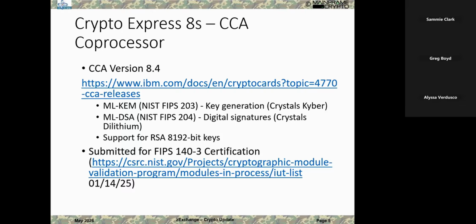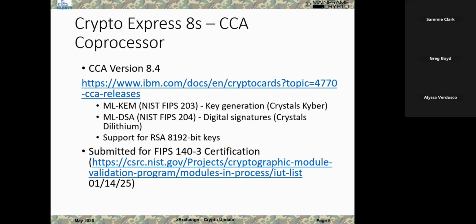Turning to the Crypto Express cards, the Crypto Express cards are an additional feature that you have to order separately. If you want them, you have to order them. The Crypto Express cards have been around for years. What's very different on the Z17 is it is using the same Crypto Express 8 feature that the Z16 used.